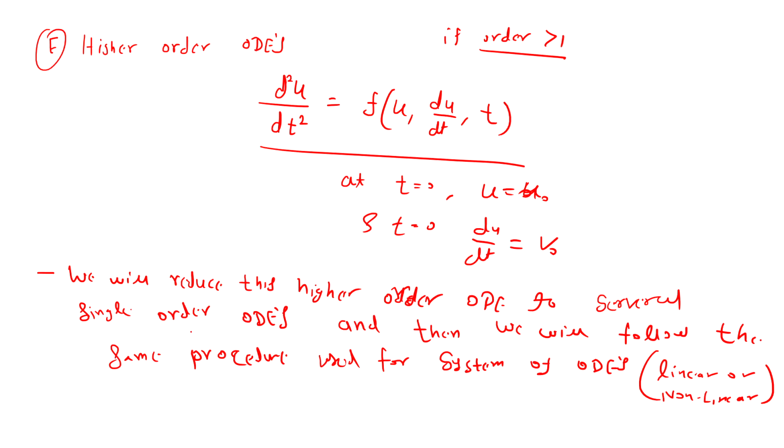Let me show how this higher order ODE, having the order of 2, can be converted to several single order ODEs. So we have d²u over dt², which is a function of u, du over dt, comma t.